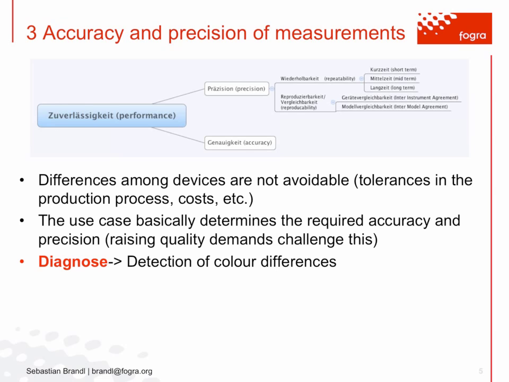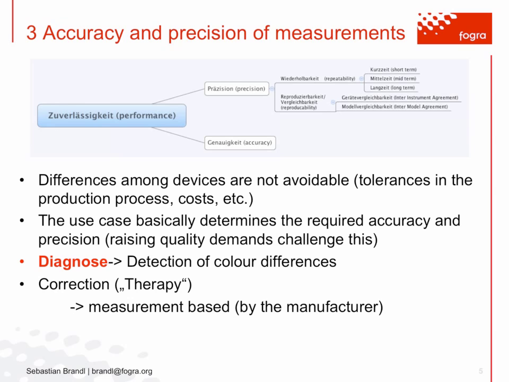It is important when you inspect color measurement readings to differentiate between the diagnosis, that means to just see the readings and detect differences over time, for instance, and correction. You can think of it like a therapy kind of thing. One is to find out what's going on, and the other thing is to correct it. And here we differentiate further between measure-based therapy, so measurement-based correction, typically done by the manufacturer, where you correct implicit physical differences like photometric scales or wavelength errors.